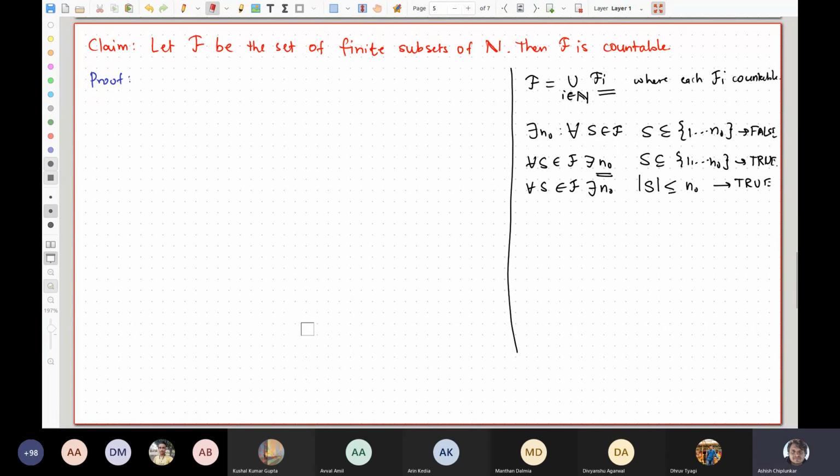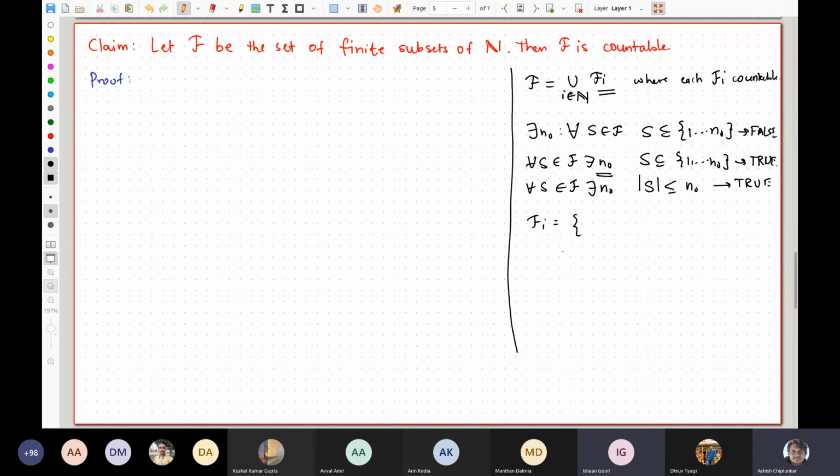Yes, sir. We can take Fi to be N to the power i, which is N multiplied i times, and then for any general N to the power i, we can use the prime number proof which was discussed. Wait, if Fi is what? The set of natural numbers multiplied i times.